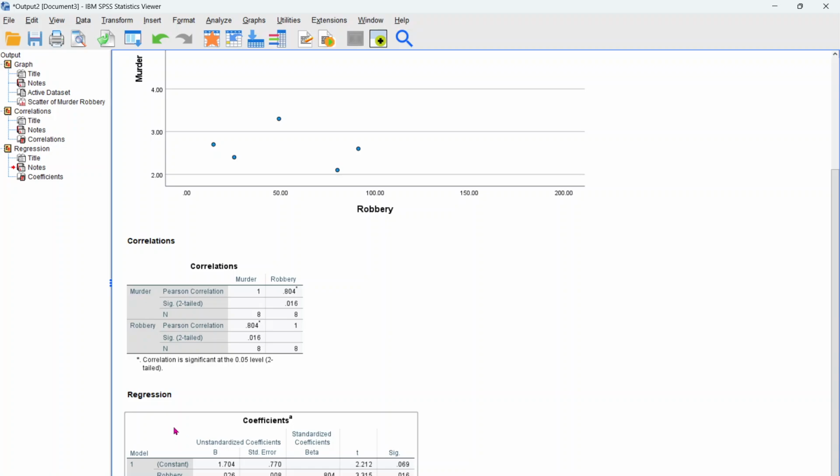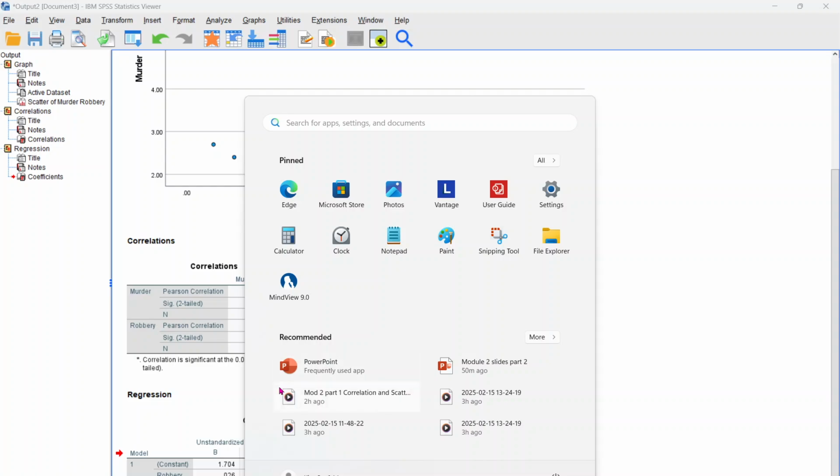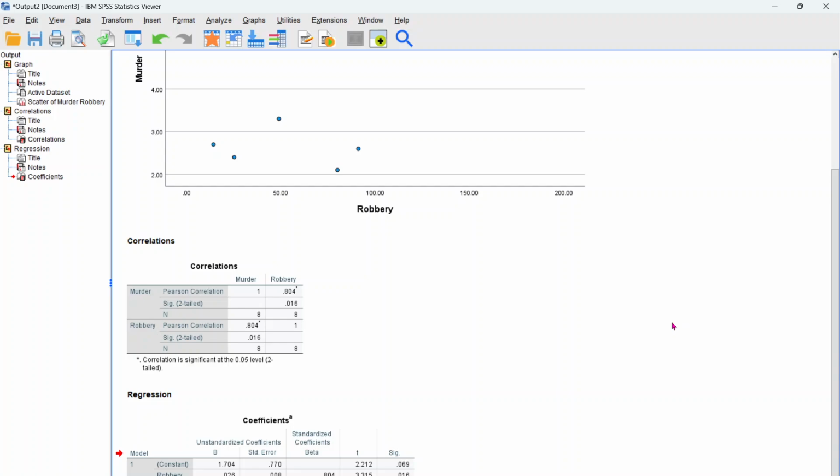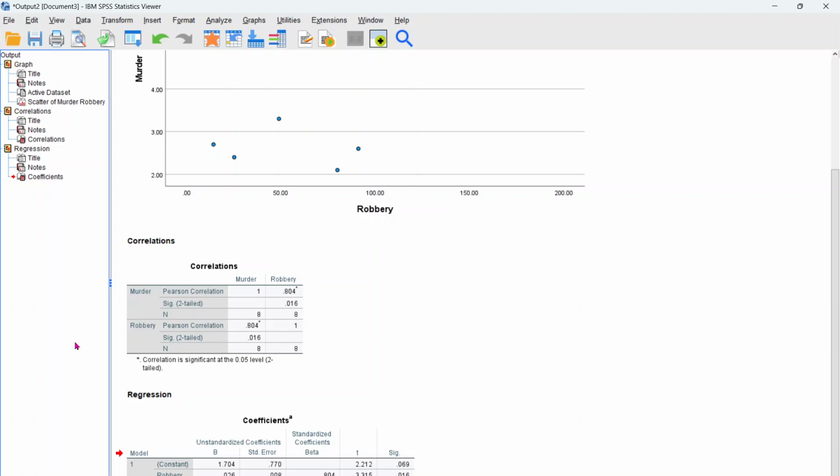So I now have a model which I can't write in SPSS because SPSS will not let me write, and I don't have anything else I can write with because I don't think I have Word on this. But anyway, our model here is we look at the unstandardized. Some people use the standardized, I don't, because that basically gets rid of the intercept, and I want the intercept in there, and I want it to look like y equals mx plus b, which is what you guys understand.